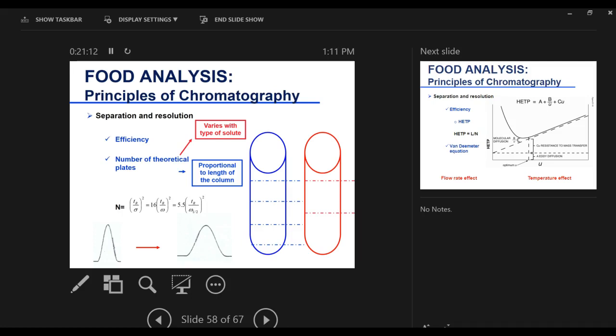So over time, the column loses efficiency. What happened is the same compound that you run this month versus running it in a year on the same column will potentially reach equilibrium slower. Why is that? Because functional groups are lost over time. They are blocked over time or stripped off over time. Okay?